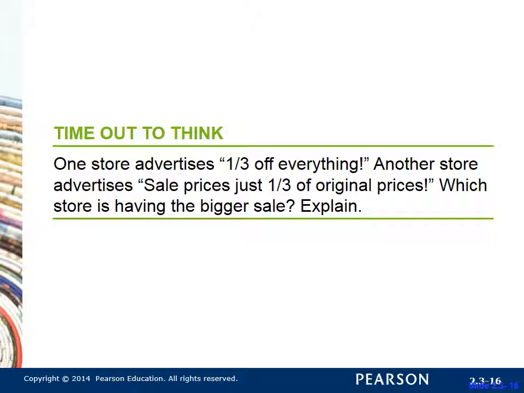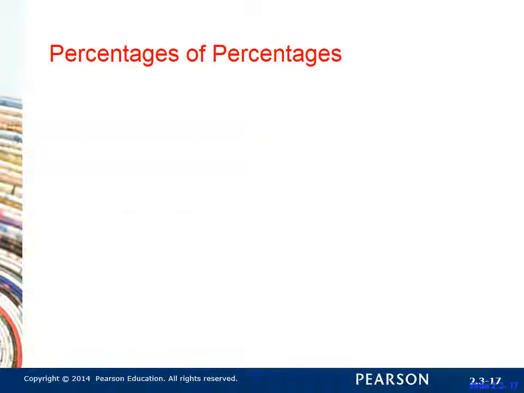Well, I would say the first one, 1/3 off of everything. So even if something was already on sale, you get another third off, or if it's an original price, you get another third off. But if it says sale prices are 1/3 of the original, they always start with the original. So you've seen some of those stores where they have sales that keep taking off, like half of the original and then 30% of the new and 20% of the new. Those are the good ones. They're not taking it off the original, they're taking it off the already reduced prices.